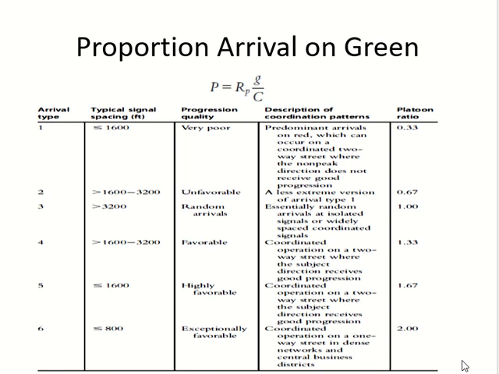And then the next thing we want to know is the proportion of vehicles arriving during green, and it depends upon RP, platoon ratio, effective green time and cycle length. Clear? Again, effective green time will not be the same for all phases. So that means the P value will not be the same for all phases. Clear? So it's not that you are doing it for the whole signal.